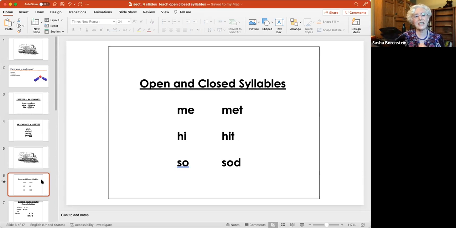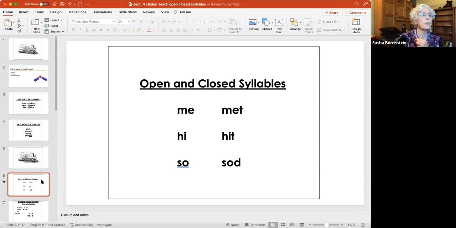And I like to think of this: it opens its mouth and it says its letter name or its long sound. When the single vowel comes in the middle of a word, it says its staircase sound. There's a consonant or consonants after it, and they close off that single vowel, and it says its staircase sound.